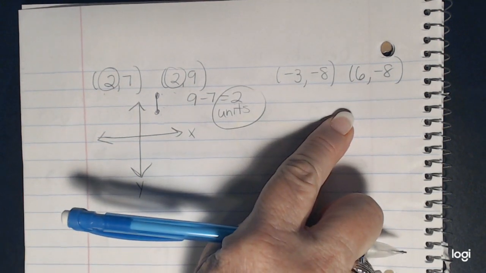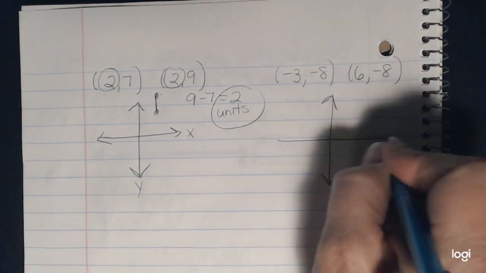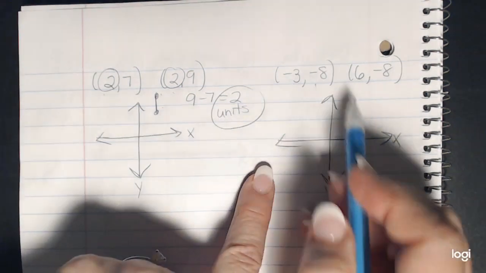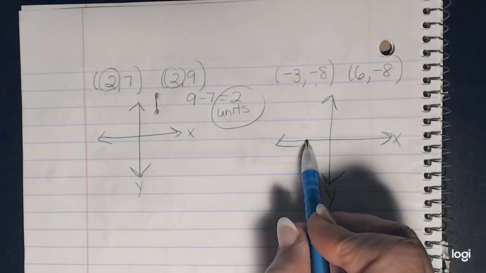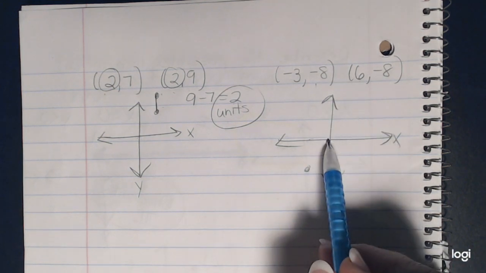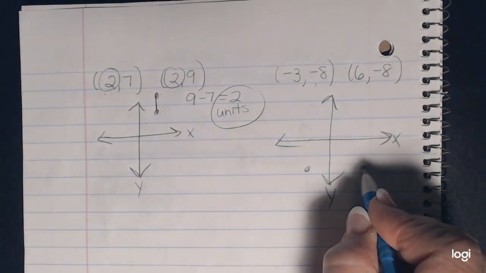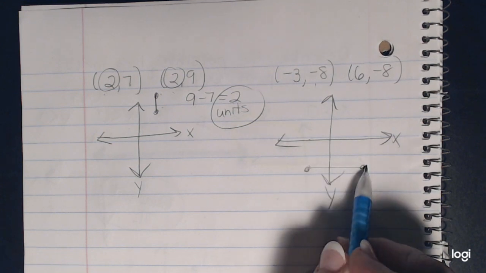Let's see how you guys did with this one. Once again, I probably would give myself a little visual. An X and a Y. Negative 3, negative 8. Negative 3 is going to be somewhere about here. Negative 8 is going to be about down here. Ooh, this one's going to be positive 6 and negative 8. So I'm looking at something that's going to cross into 2 quadrants.